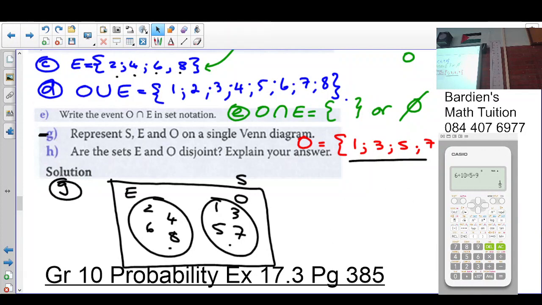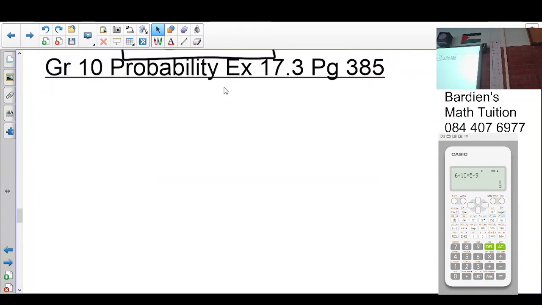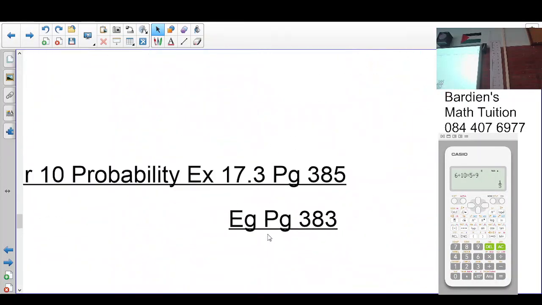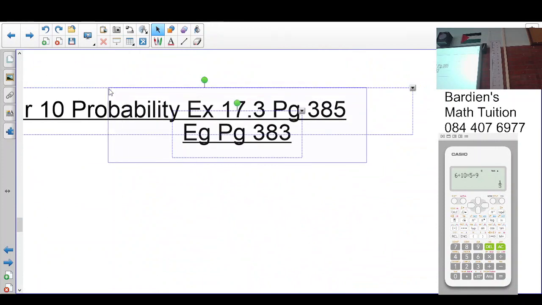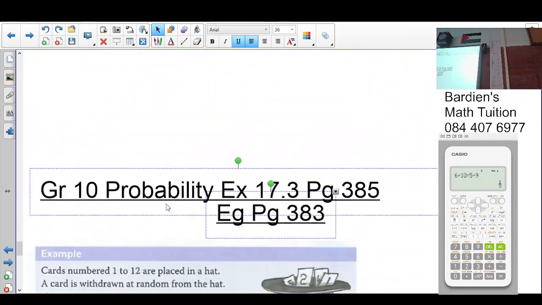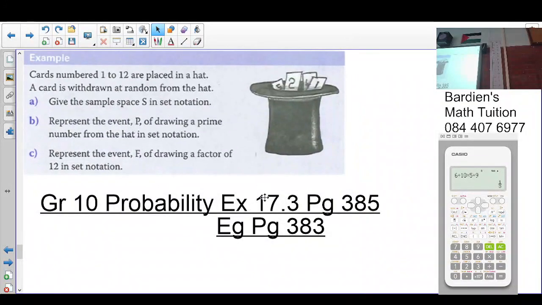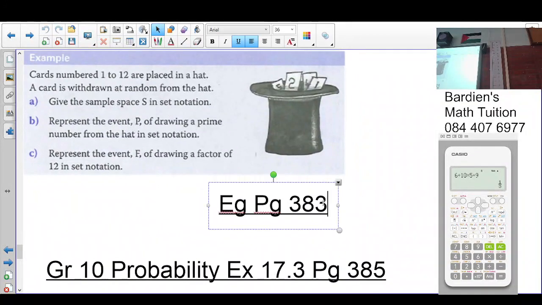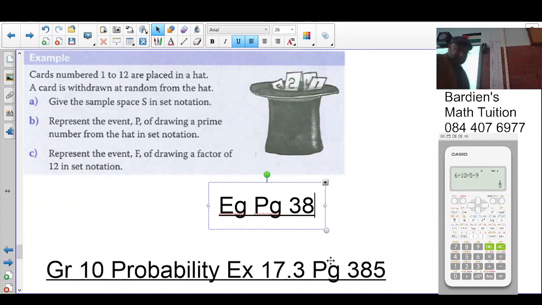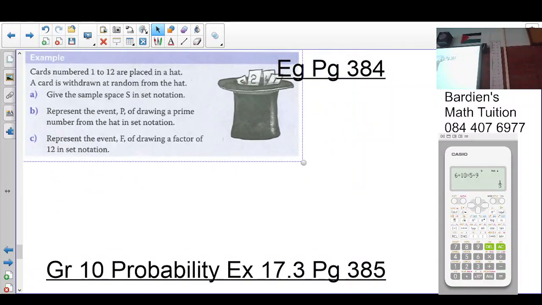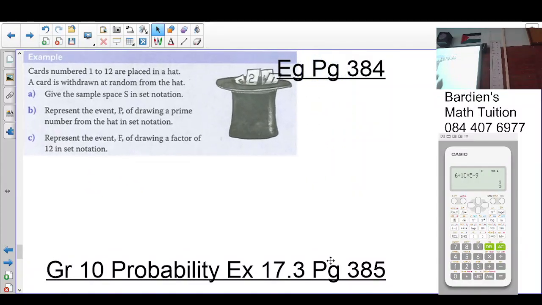Let's look at the next example. This example is on page 384. Card numbers 1 to 12 are placed in a hat.